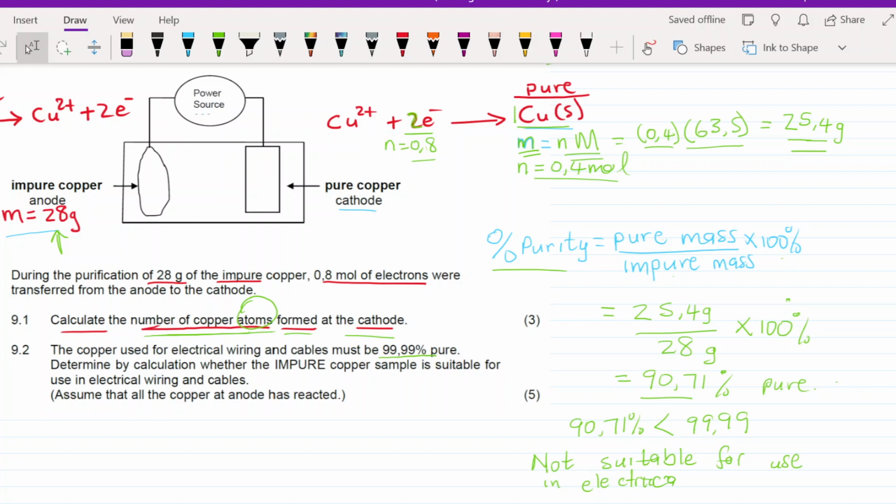Yeah, so this is the answer for this question. Otherwise, this is the end of it. So I hope by now you have the idea of how to calculate the percentage purity. You just have to know the mass of the pure, divide by the mass of the impure, then you multiply it by 100. Yeah, so this is the end of part 3.